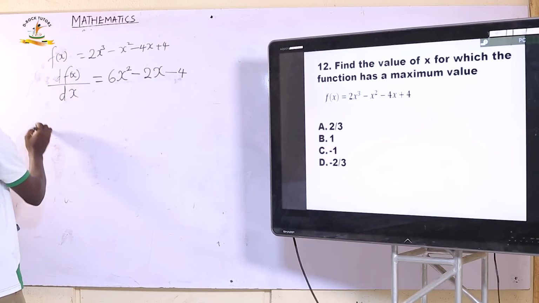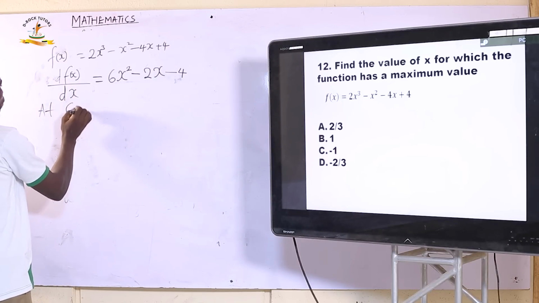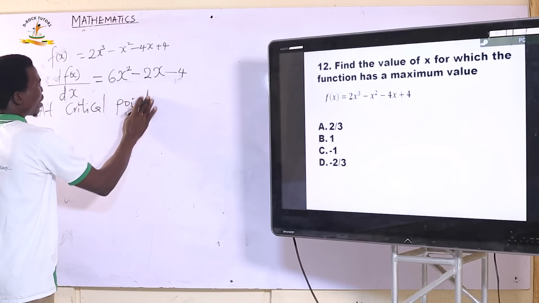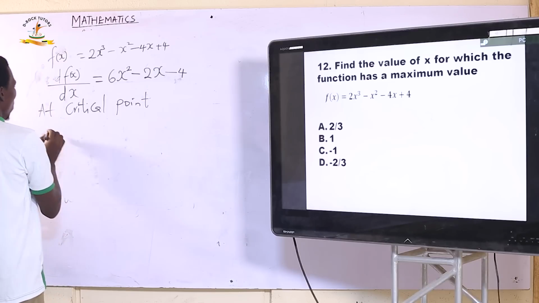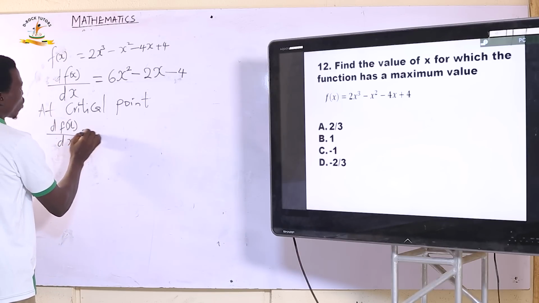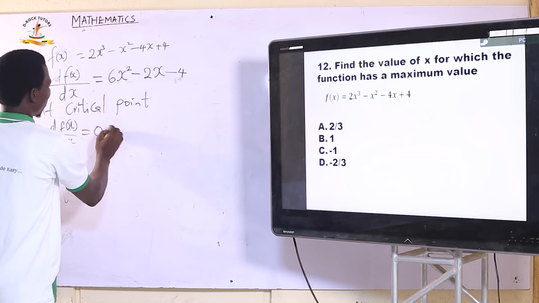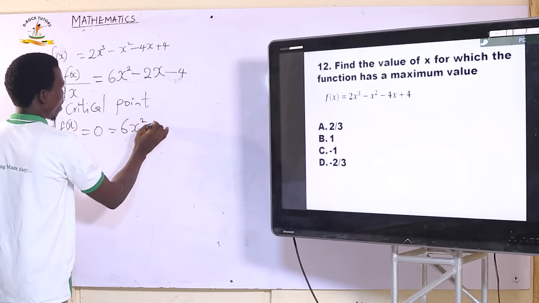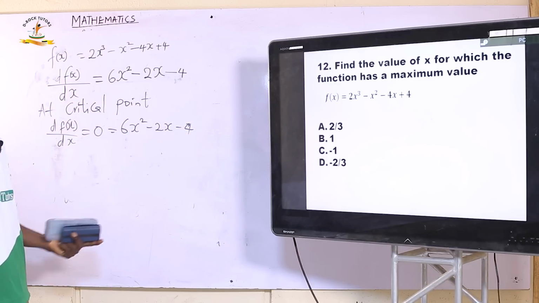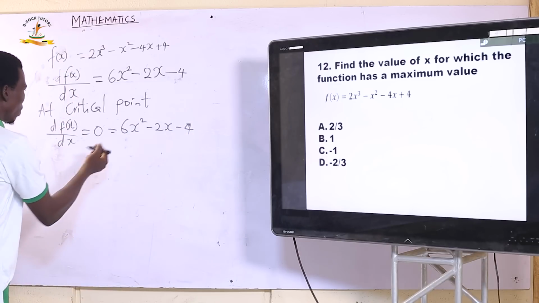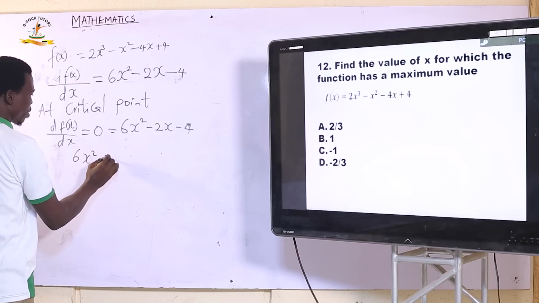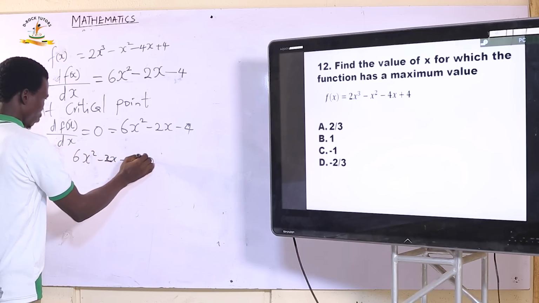At critical points, our derivative, which is df of x over dx, must be equal to 0. It means we equate this, 6x squared minus 2x minus 4, to 0. So I write 6x squared minus 2x minus 4 equals 0.